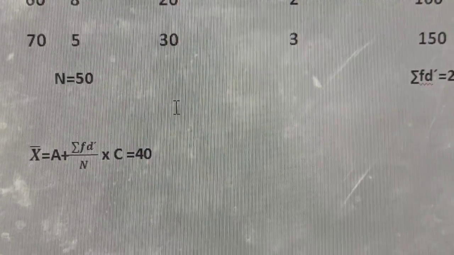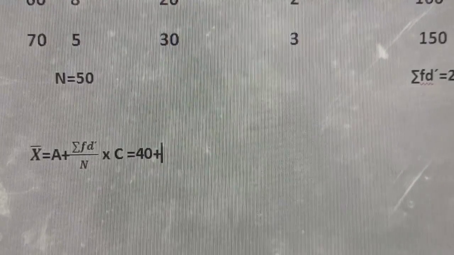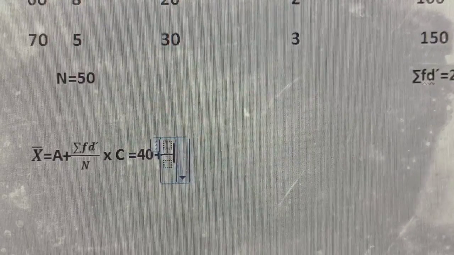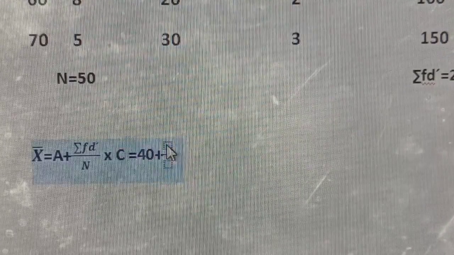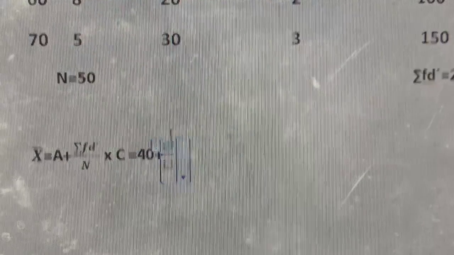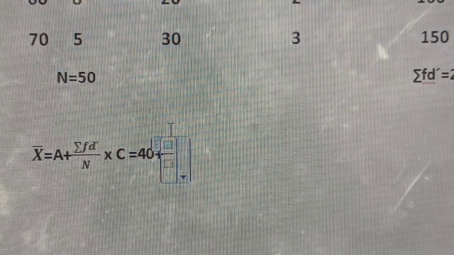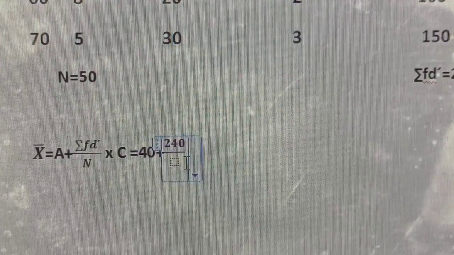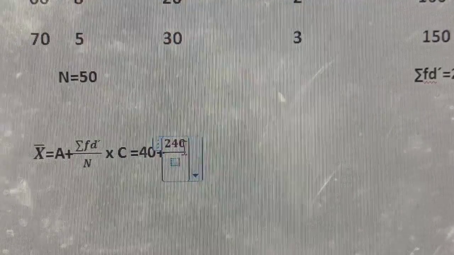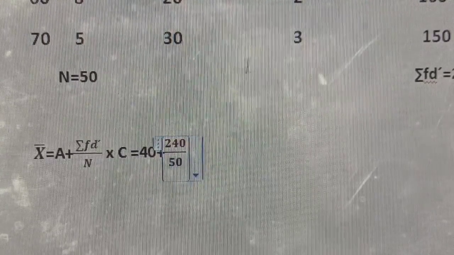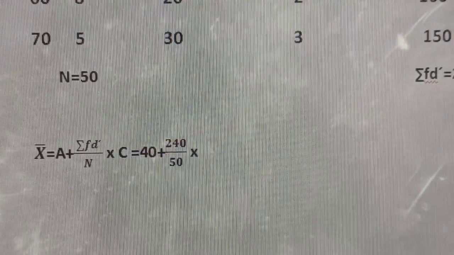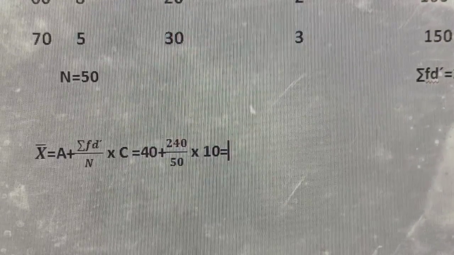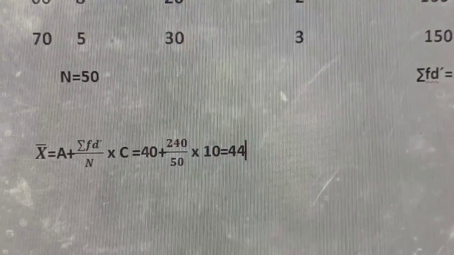So 40 plus summation FD dash, which is 240, divided by N, the value of N is 50, correct? Then into C. C was the value of 10. So what is the value now? We get the value of 44.8.